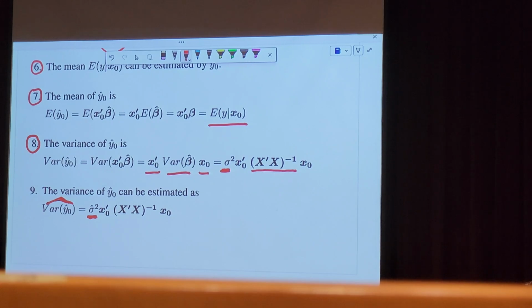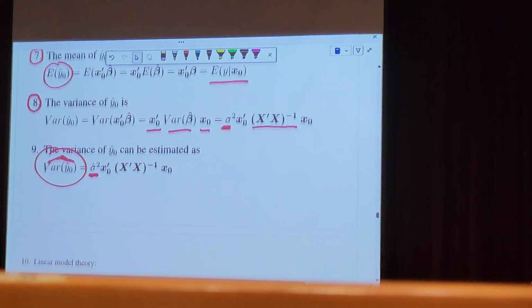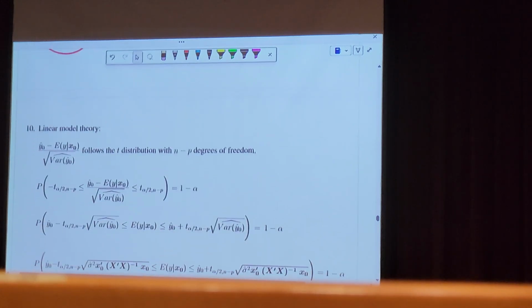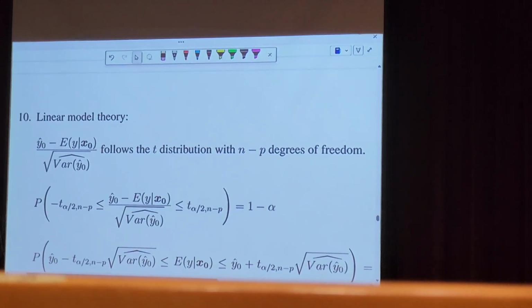So everything is now known. I know the mean, I know the variance. I can now use linear model theory to show that this quantity, where y naught hat is our estimator, subtract the mean, divide by the standard deviation, will follow the t distribution.